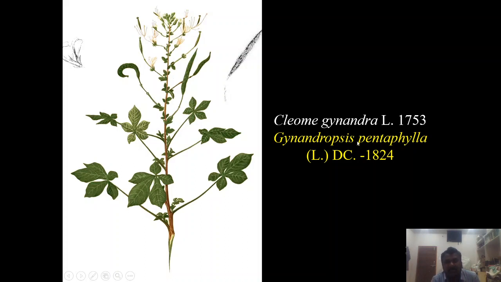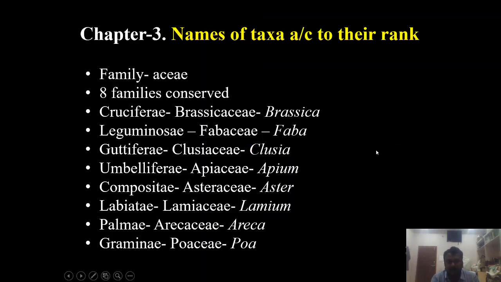Based on the priority of names, we give priority to Cleome gynandra. Why? Because it was published earlier than this. Now, chapter 3. The names of taxa according to their rank.